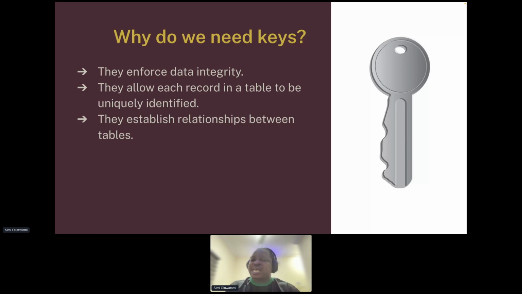Now, to establish the relationship, if the father wakes up tomorrow and says, my daughter does not look like me, she looks like my grandfather instead, or she looks like the uncle of the grandfather of her mother, the way to establish the relationship between the father, the mother, and the child is simply to run a DNA test. The DNA test with a very large degree of accuracy would establish that relationship.